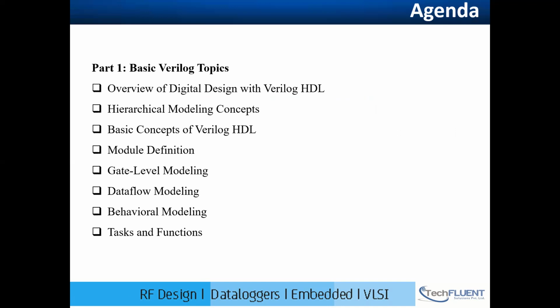In this, we will be discussing the evolution of CAD, that is, computer aided design, how the HDLs emerged, the typical HDL design based flow, why we require Verilog HDL, and what the trends are that are followed in HDL designing. And the second chapter in this course is hierarchical modeling concepts.